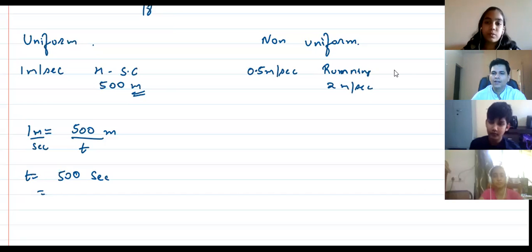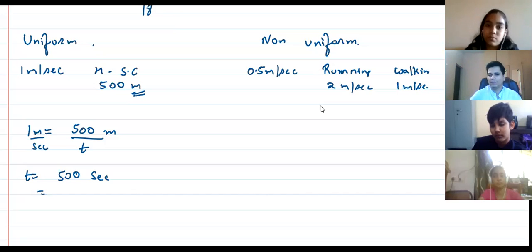Then after reaching the sports complex, again I started walking, and my speed is like 1 meter per second. Now tell me, what is the difference between the first type of motion and the second type of motion? What do you think?